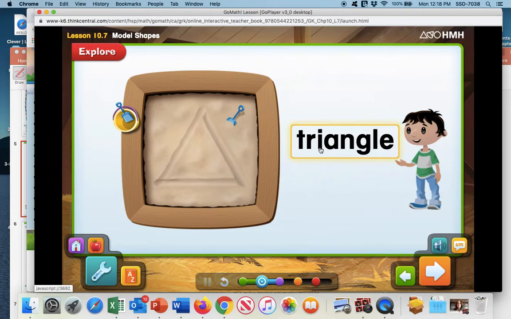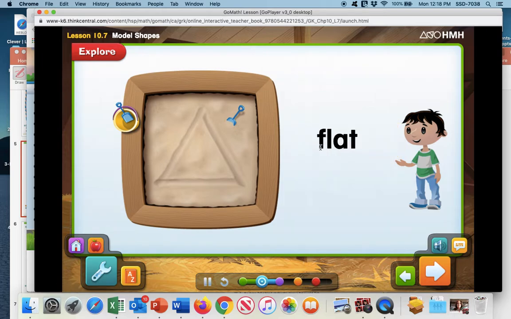If your thumb is up, or if you said flat, that is correct. The triangle is flat. Count the sides. 1, 2, 3. How many sides does the triangle have? The triangle has 3 sides.